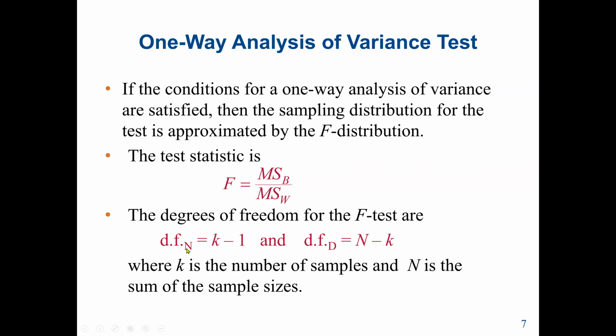So if we are using only 3 samples, then it's 3 minus 1. The degrees of freedom for the denominator is the sum of the sample sizes minus the number of samples, lowercase k.